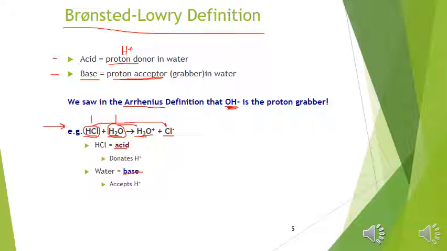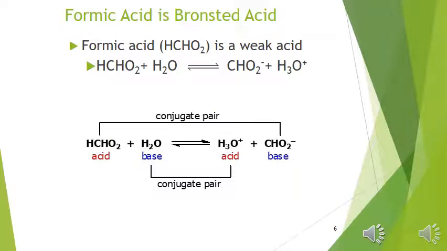So when you look for an acid, you look for a substance that gives off an H. And when you look for the base, you look for a substance that absorbs the H, or gains an H. And it's the H plus technically, not just H. All right, so let's look at another example. We have something called formic acid, which is this right here, and let's combine it with water.